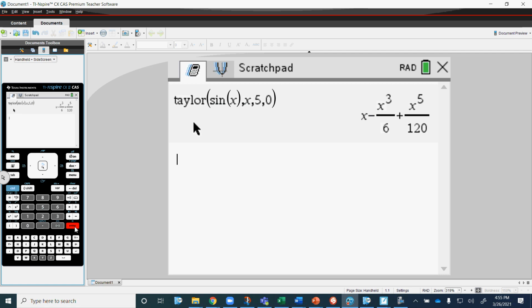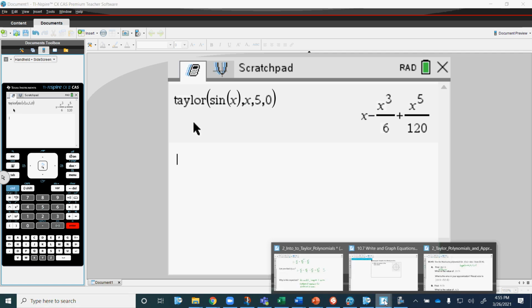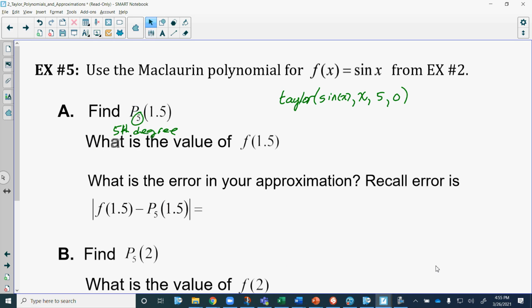Now, I'm going to show you something here, and let me go back to this so you can write it down. I want to save that Taylor polynomial. Okay, I want to save the Taylor polynomial that we just got. So we know now that the Taylor polynomial, p sub 5 of x, was equal to x minus x to the 3rd power over 6 plus x to the 5th power over 120.